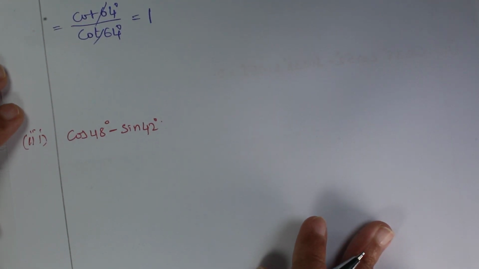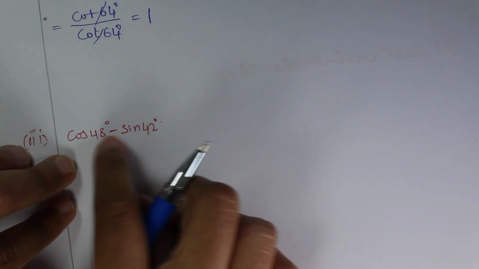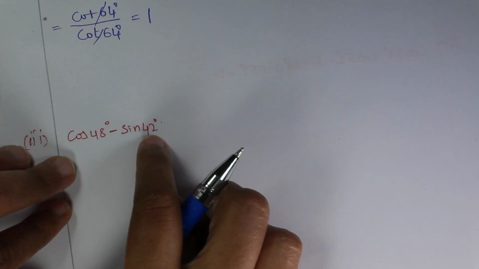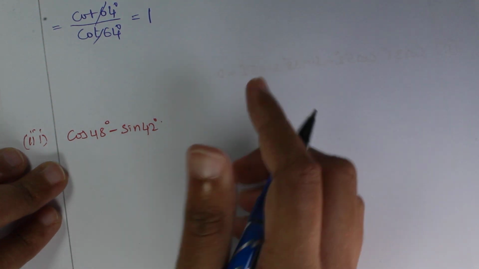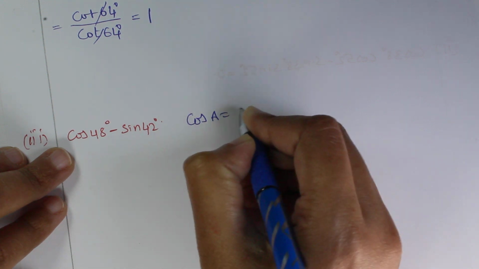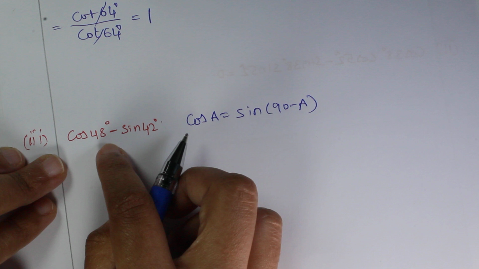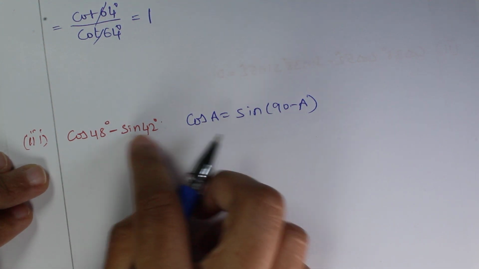Now cos 48 minus sin 42. Again we are going to convert cos to sine, so that both are in the same ratio. Cos A is equal to sine of 90 minus A. We are applying the ratios of complementary angles.